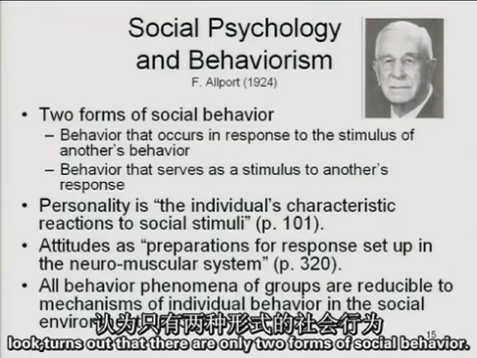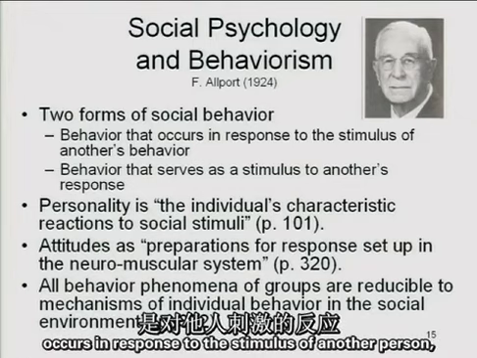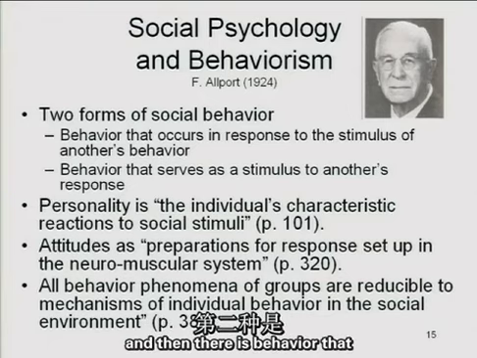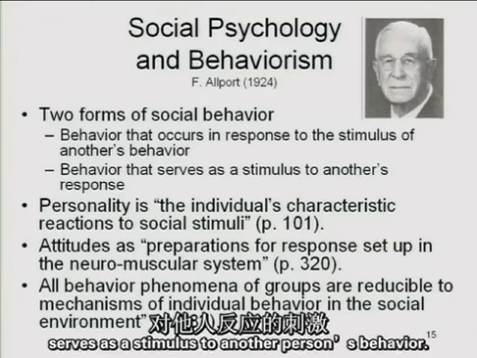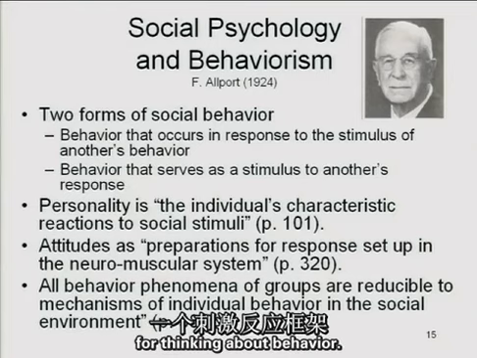are only two forms of social behavior. The first is behavior that occurs in response to the stimulus of another person, and then there's behavior that serves as a stimulus to another person's behavior. It's a complete stimulus response framework for thinking about behavior.